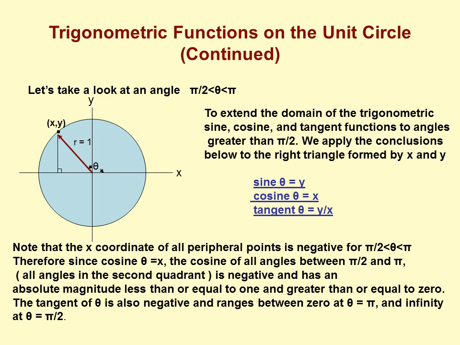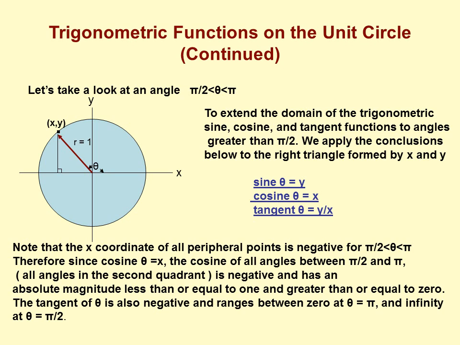Note that the x-coordinate of all peripheral points is negative for theta greater than pi over 2 and less than pi, but y is positive. Therefore, since cosine theta equals x, the cosine of all angles between pi over 2 and pi is negative and has an absolute magnitude less than or equal to 1.